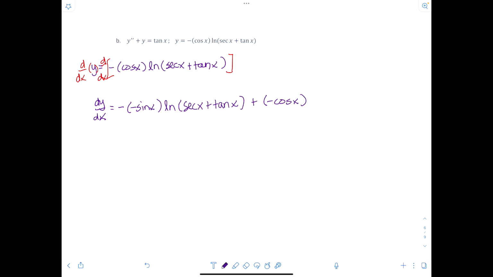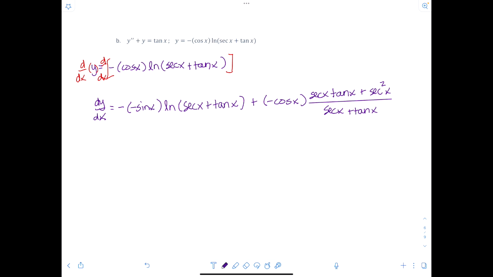So the derivative of the second's a little bit mean. Remember, you differentiate what's inside the log and then divide it by what was inside the log. So the derivative of secant at x is secant at x times tangent at x. Sorry about the dogs. And then the derivative of tangent at x is secant squared at x. And that's going to be over secant at x plus tangent at x. Cool?